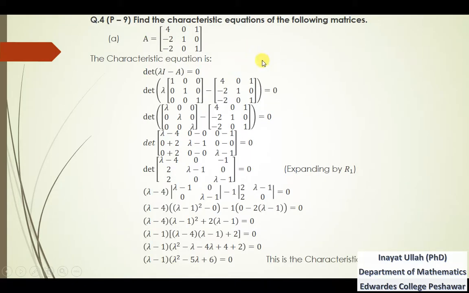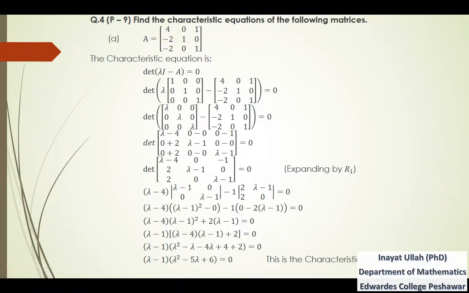Now in this slide and the previous slides, we have considered 2 by 2 matrices, and in this slide we will deal with 3 by 3 matrices. How could we find the characteristic equation of a matrix of order 3?